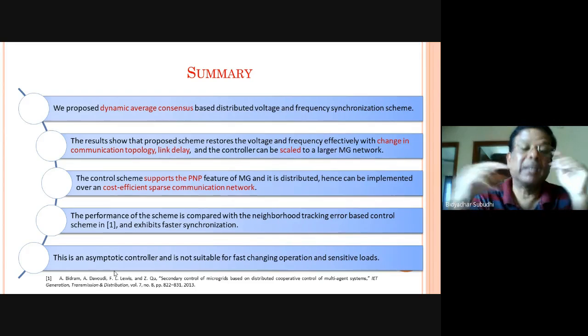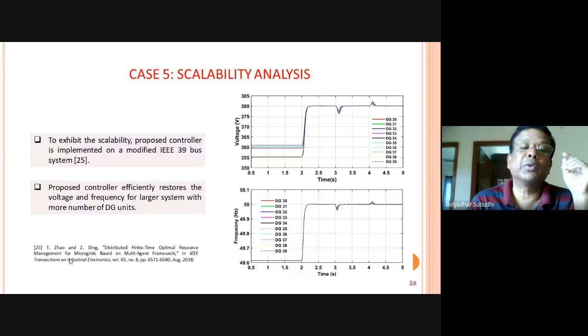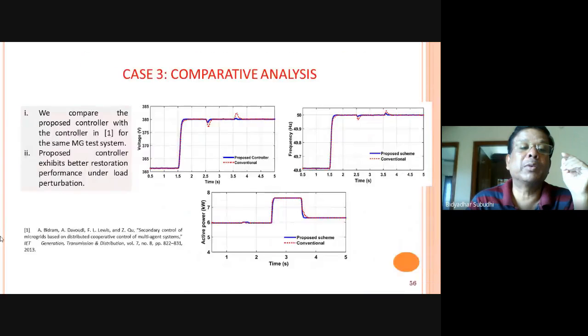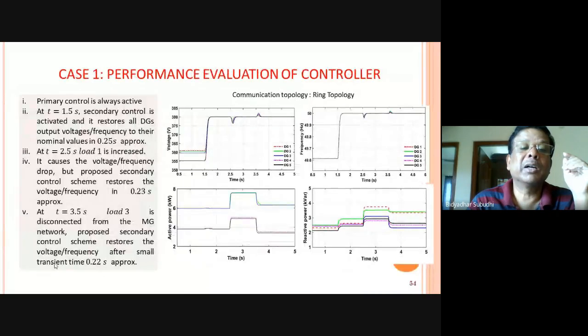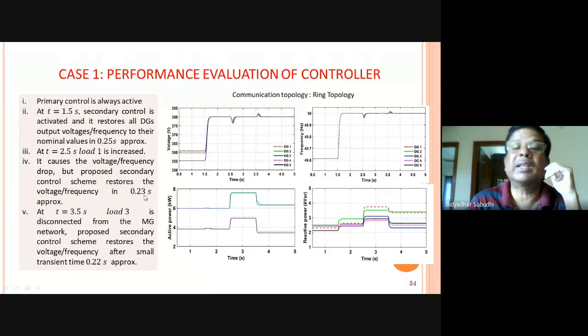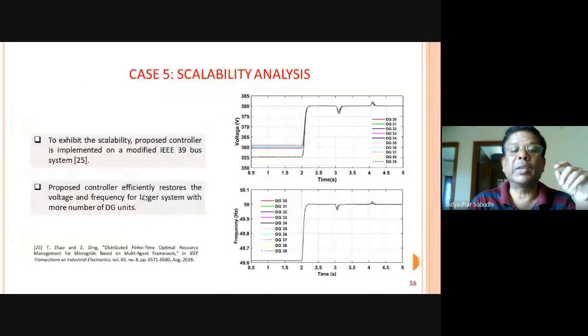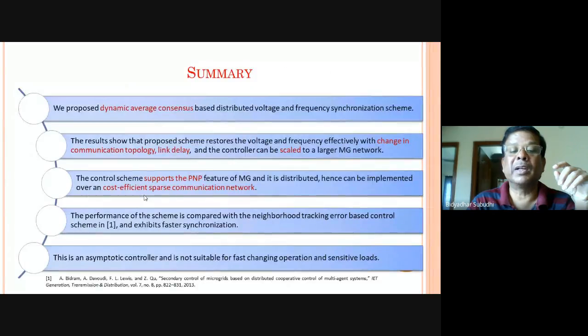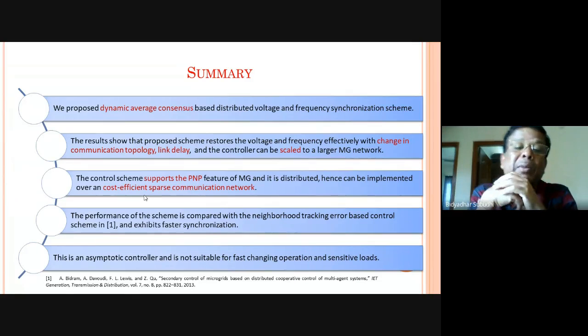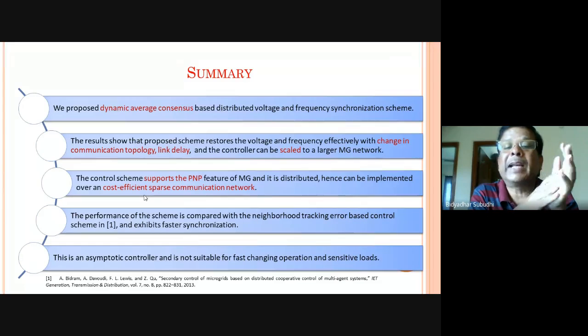I mentioned that it happens in 0.22 second or 0.23 second. But if somebody wants it to happen in 0.1 second, what change do you need to make? For that you need to define this time, so that the asymptotic behavior must be defined for quick convergence for sensitive loads.